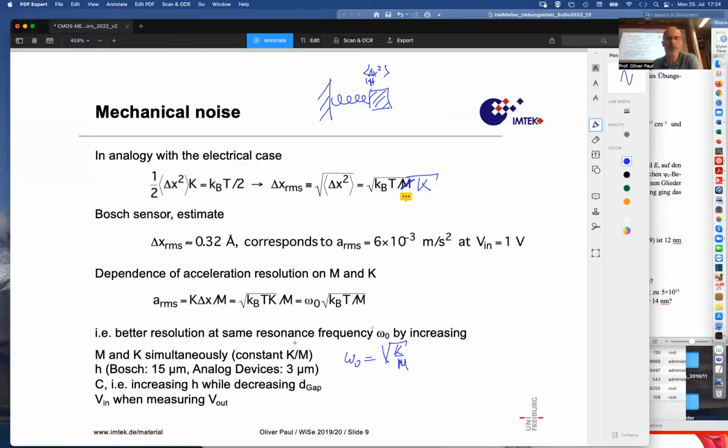And so how to increase that mass? It is by making the epi poly thick. Analog Devices had films of only a few micrometer thickness. They didn't have the epi poly technology. It didn't exist. And so H was only a few micrometers.